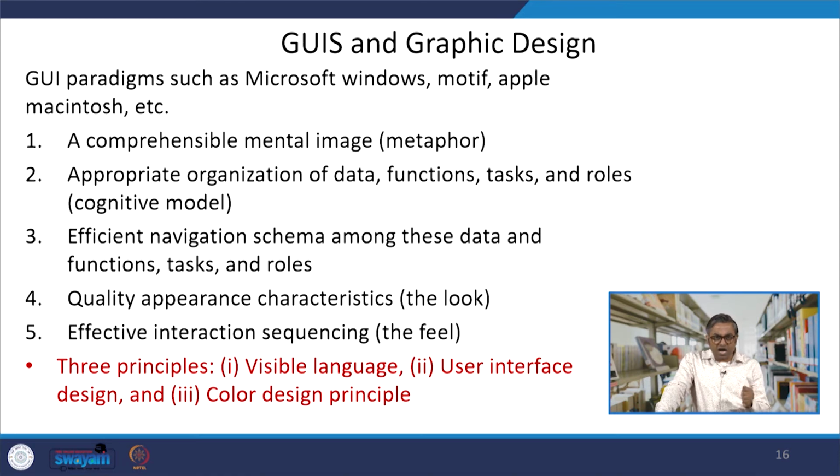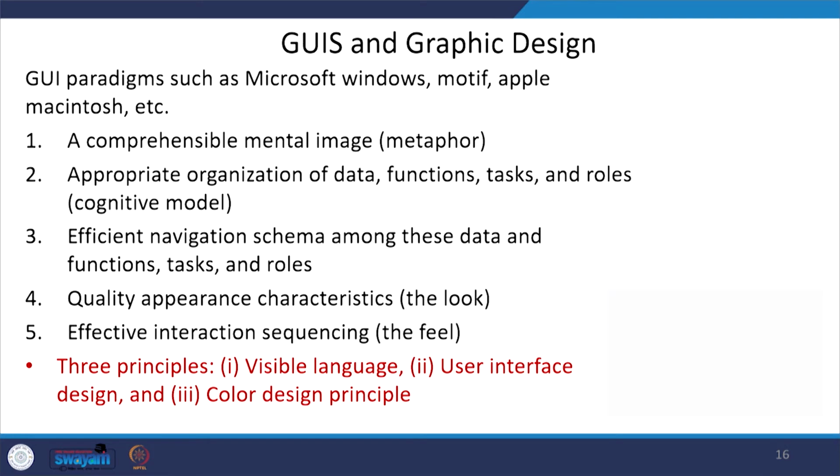The kind of task we are talking about, the kind of roles which a person has taken up. Graphical user interface helps in navigation. Quality appearance characteristics are there. Effective interaction sequencing: how people are interacting.